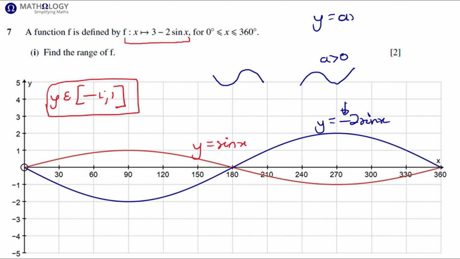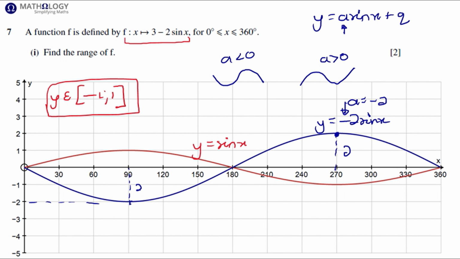So for your general function for sine, a is your amplitude. So if a is positive, then the function will shape from left to right, and if a is negative, it will shape from right to left. So the amplitude a is minus 2. That just means that the height of the function is 2 units.